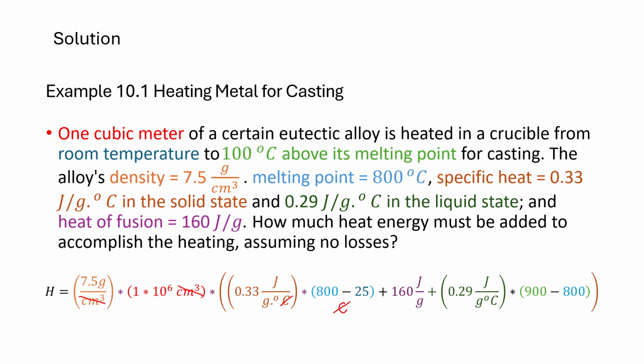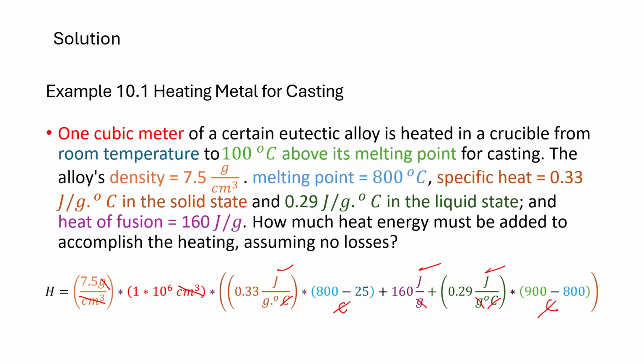Here we have joule over gram, here joule over gram degree, and here degree. Again, remove that with this one. Now we have grams, and this will cancel with that gram. We end up with the only unit being joule, and this will be the unit for the energy.